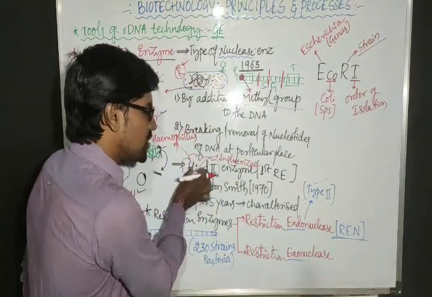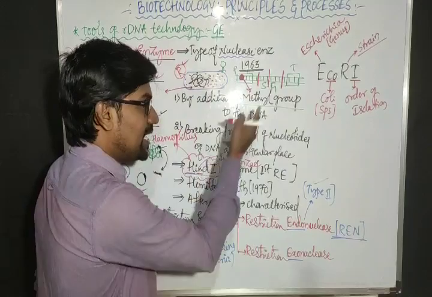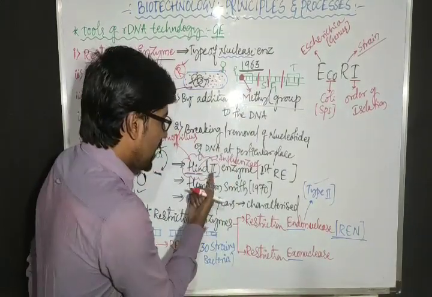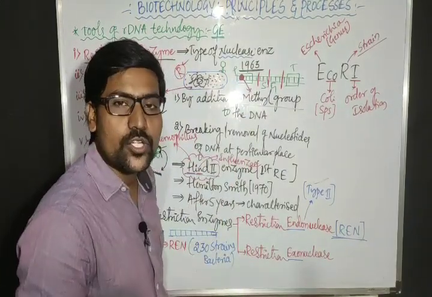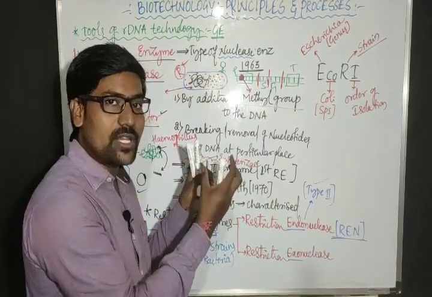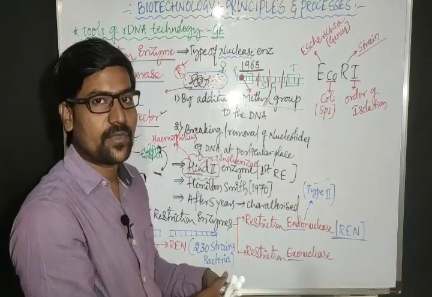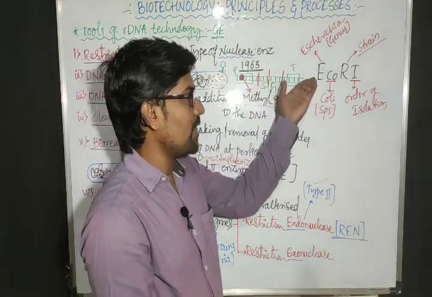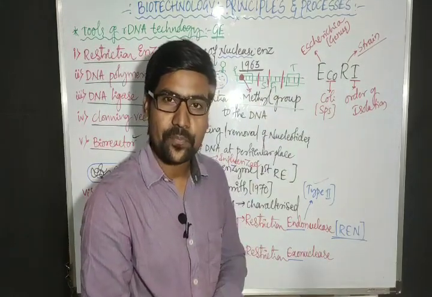The next letter d indicates the strain, and 2 means the order of isolation. So this is the first restriction endonuclease enzyme isolated. But the famous one that we use is the EcoR1 enzyme.